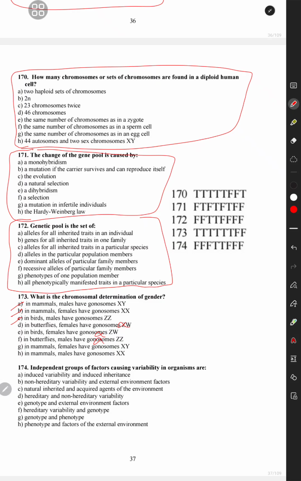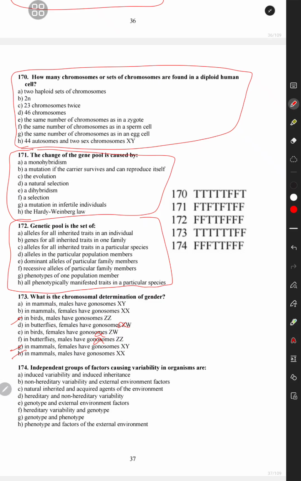In mammals, females have chromosomes XY. Males have. In birds, male have ZZ.